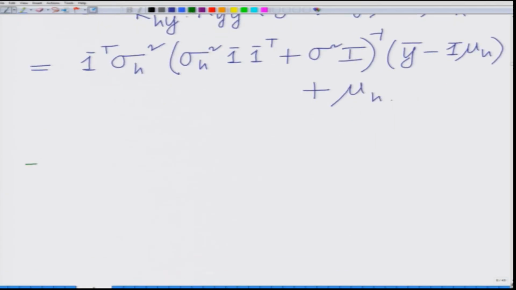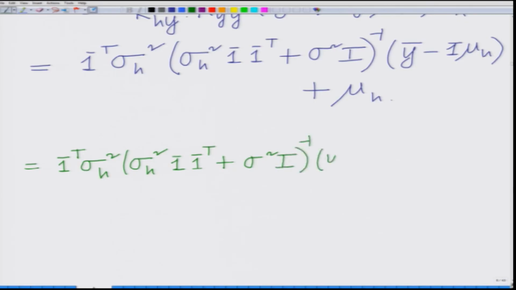Let me just write it a little bit more clearly. This is equal to 1 bar transpose sigma h square, times (sigma h square 1 bar 1 bar transpose plus sigma square identity) inverse, into (y bar minus 1 bar into mu h), plus mu h.